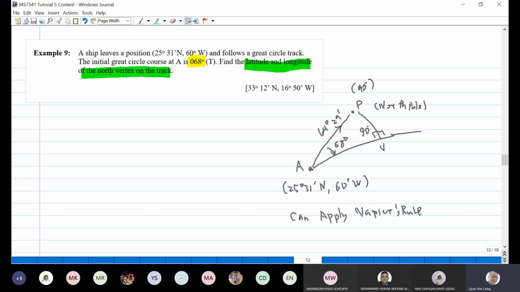Okay, the vertex is the nearest point to the North Pole in this case. So you apply Napier's rule. It means you go from the right angle, 90 degrees, clockwise.